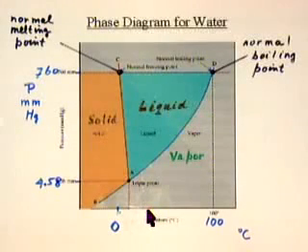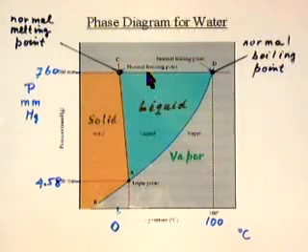Now, if you take 20 degrees somewhere here, and you have water at 1 atmosphere and 20 degrees, which is what we have in this room, and I'm going to lower the pressure on it, so I'm going to put it in a bell jar and take all the air out so that the pressure goes down and down and down, but the temperature is not changing.